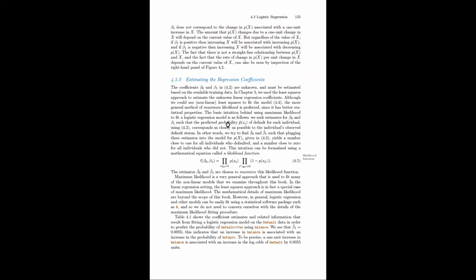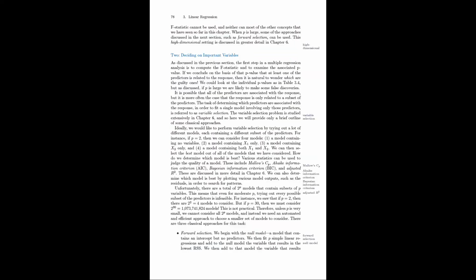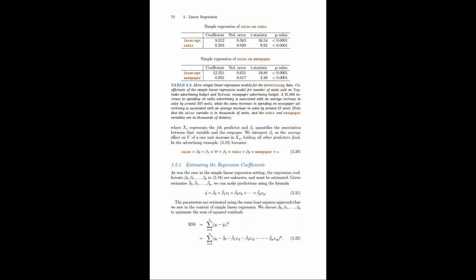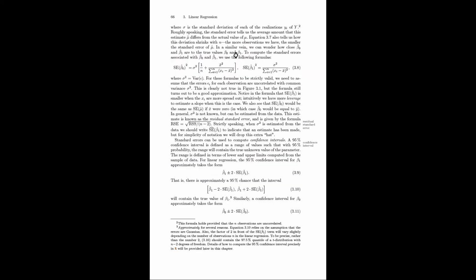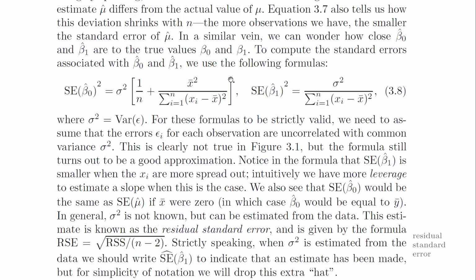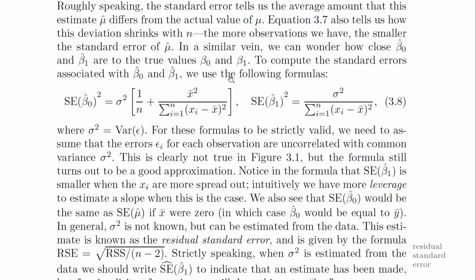If we quickly revisit chapter 3, we had invested quite some time in building an intuitive understanding of the standard error associated with B0 hat and the standard error for B1 hat.